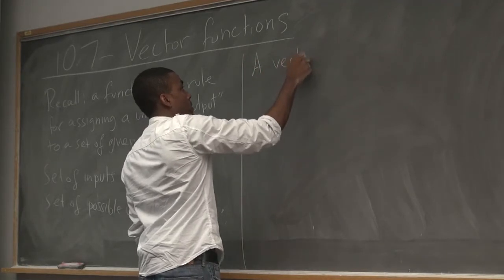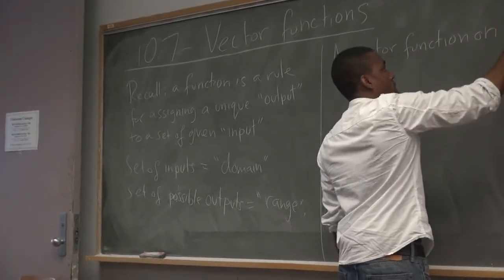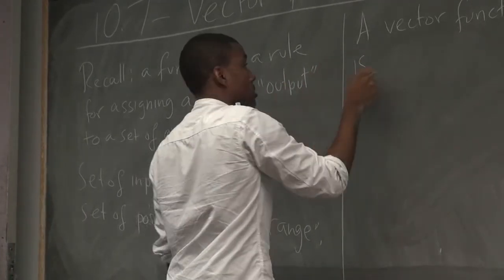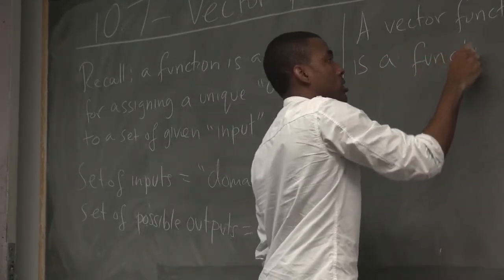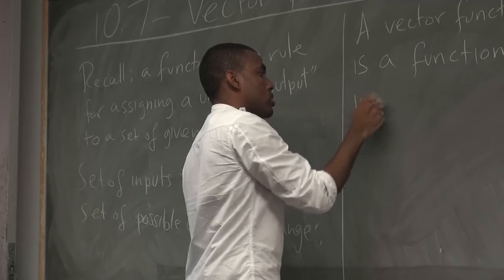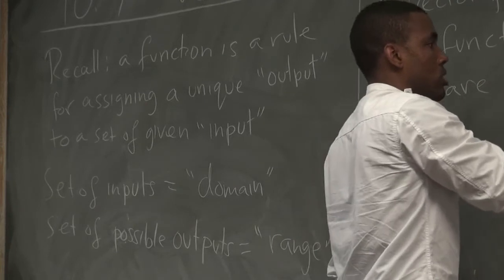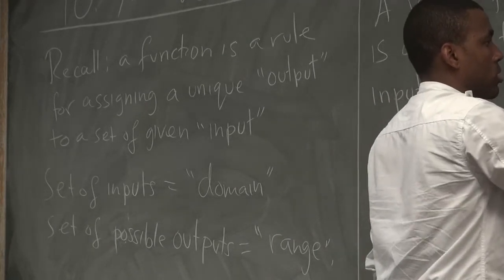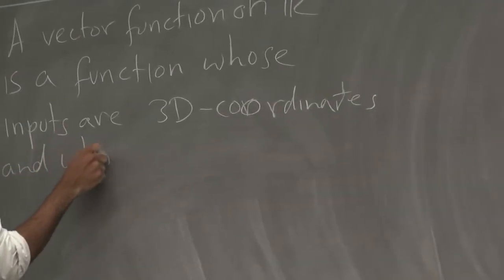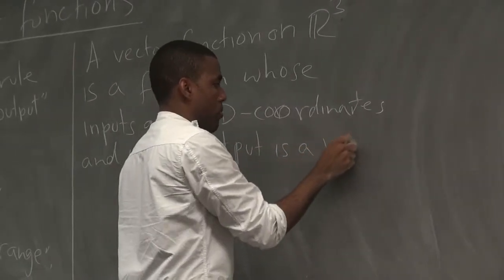A vector function on R3, that's three-dimensional space, is a function whose inputs are 3D coordinates and whose output is a vector.